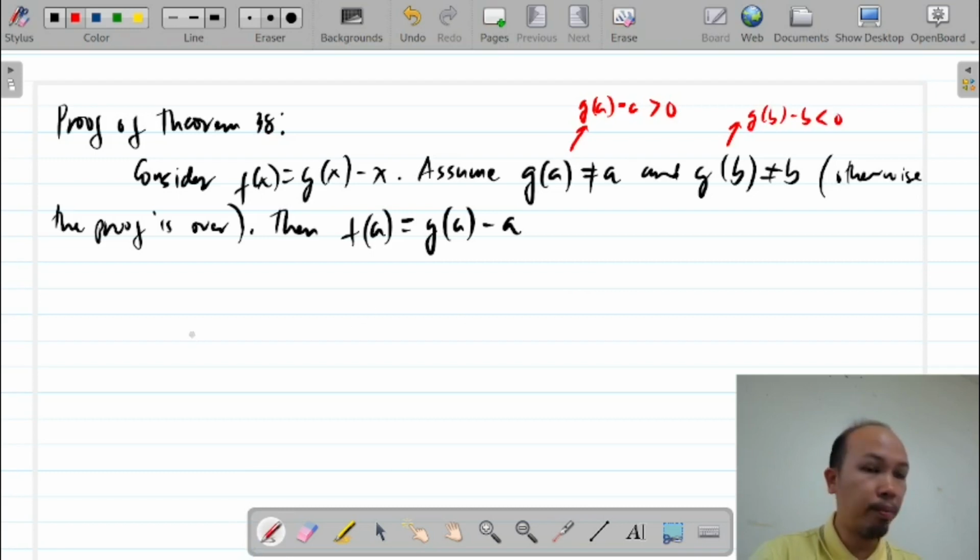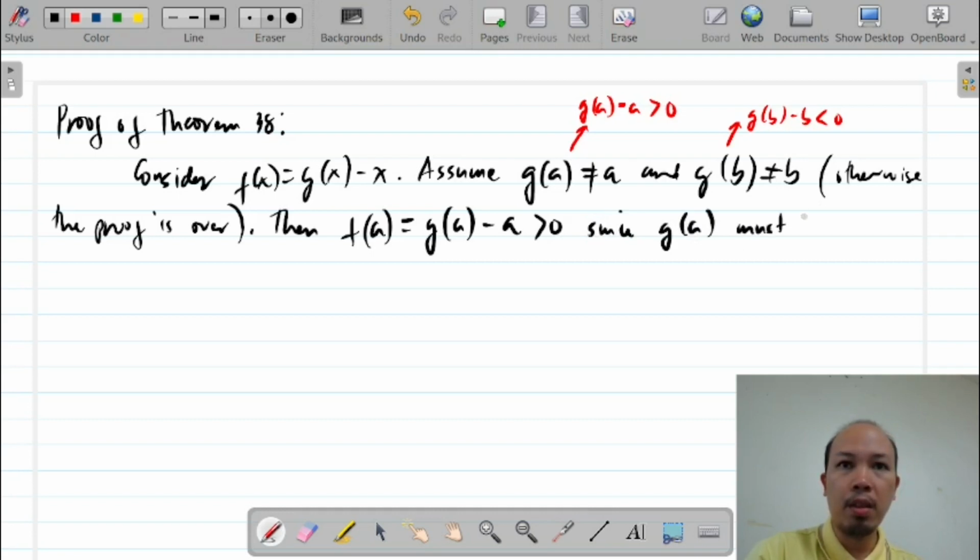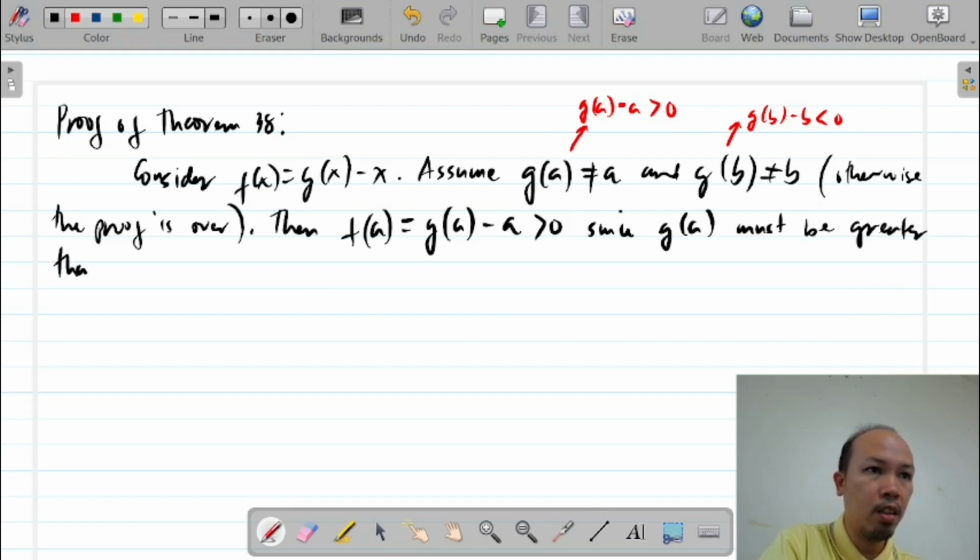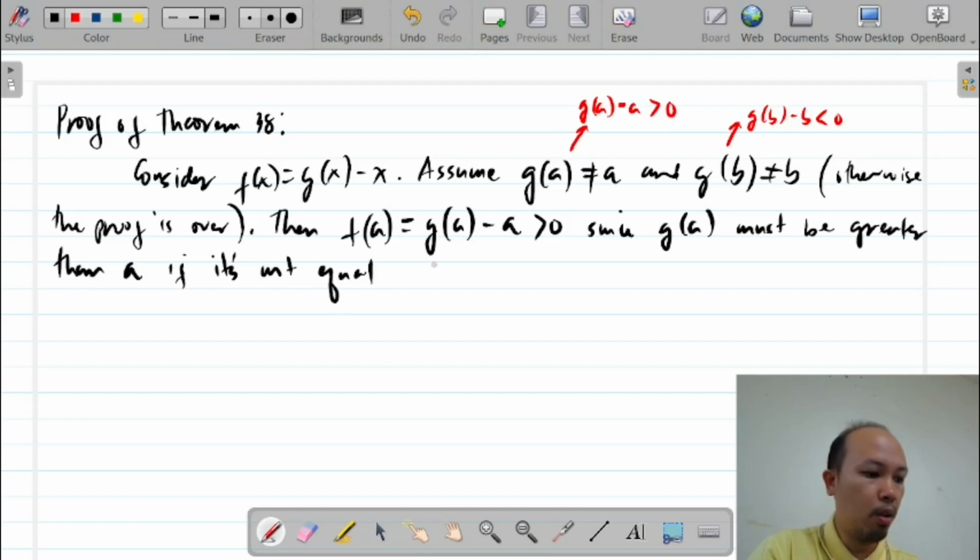This is greater than 0, since g of a must be greater than a if it is not equal to a.